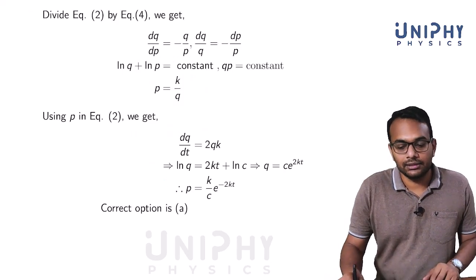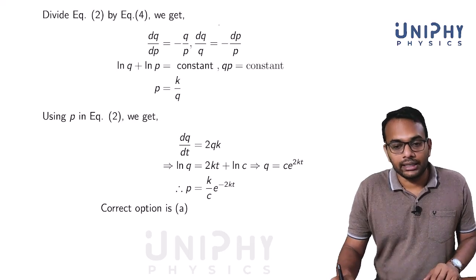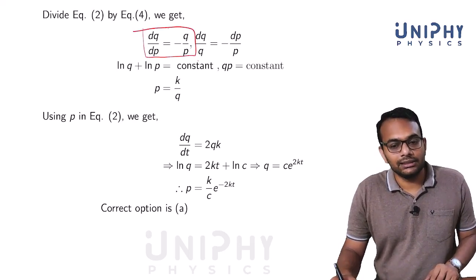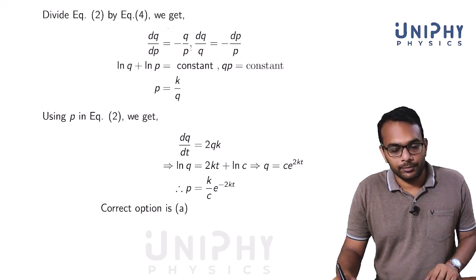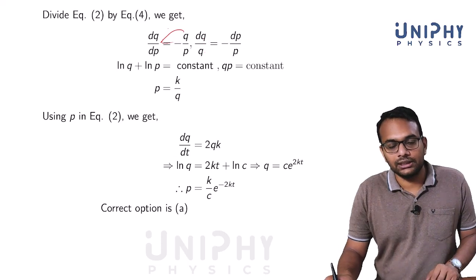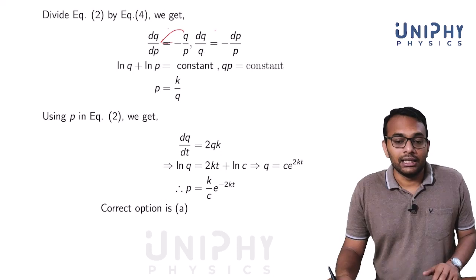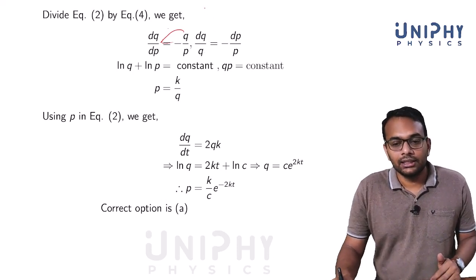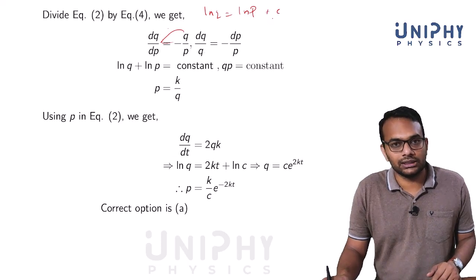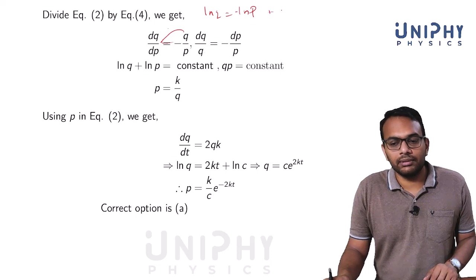If you do that, you see that dq by dp is minus q divided by p. Now this means that you can separate the variables and write dq by q is equal to minus dp by p. Now you integrate on both sides, and you will get log q is equal to minus log p, and then there will be a constant.